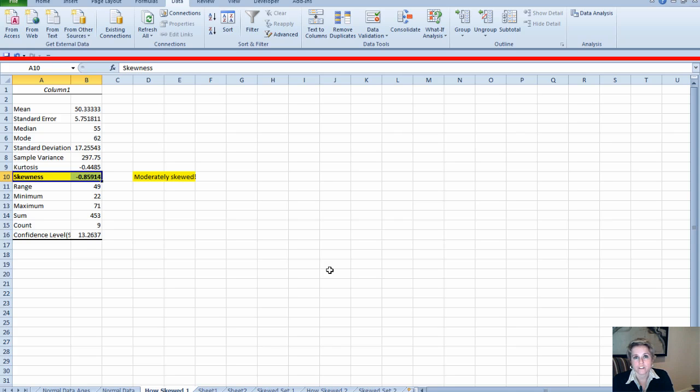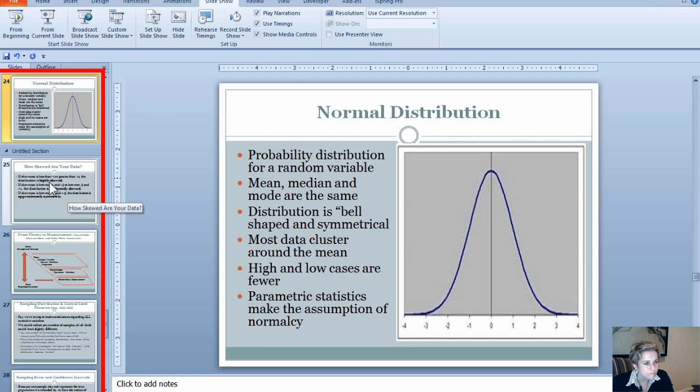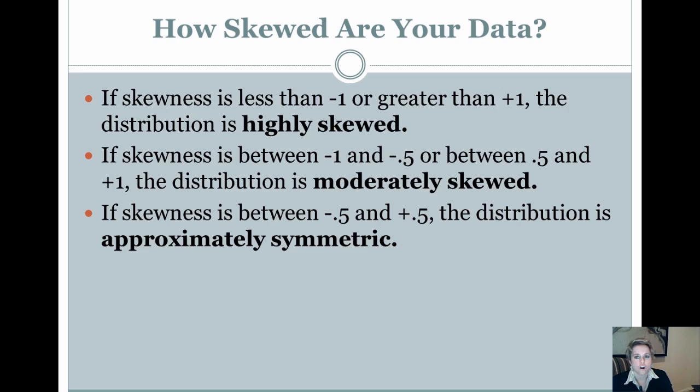One way of looking at skewness would be a box and whisker plot, which is noted in one of the chapters I had you read. Or you could do this basic statistic that I've just shown you. And to be sure, here is a general rule on skewness. If skewness is less than -1 or greater than 1, the distribution's highly skewed. If it's between -1 and -0.5 or 0.5 and 1, the distribution's moderately skewed.